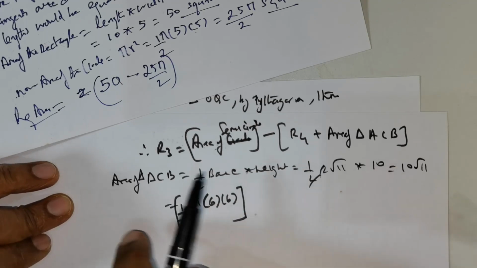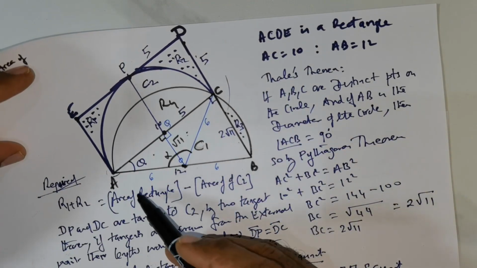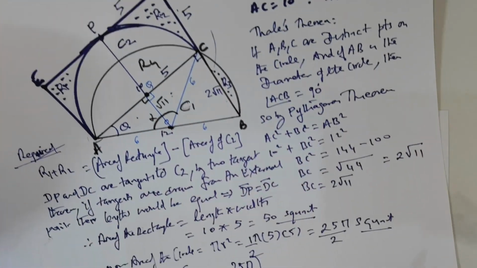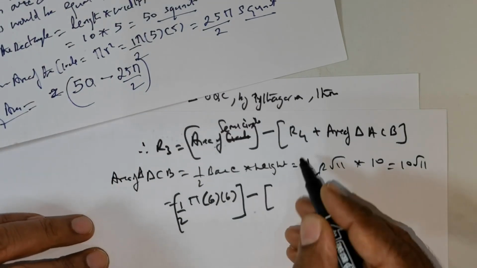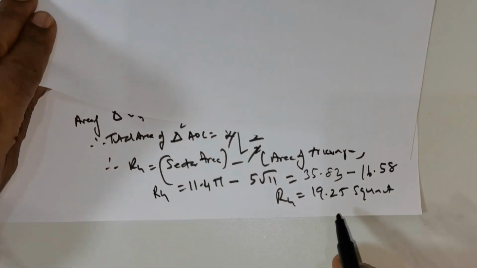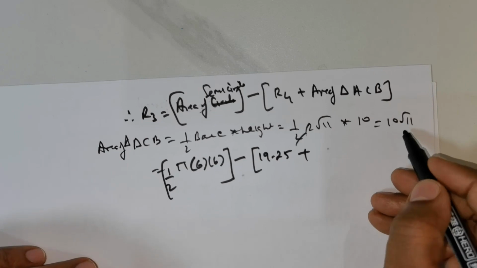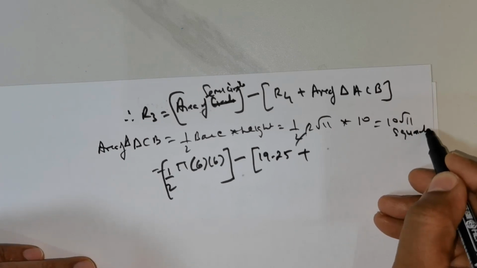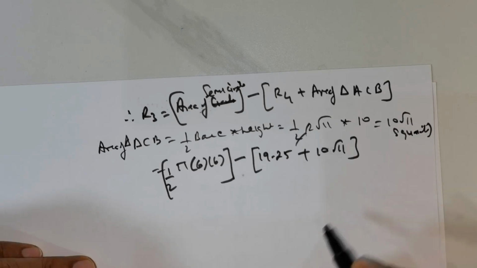From the area of the semicircle, I take away R4, so it's minus R4. What did we get for R4? 19.25. I hope you're able to watch this. This has to be added with the area of the triangle, that's 10 into root 11.